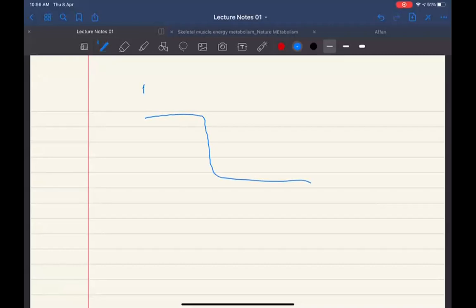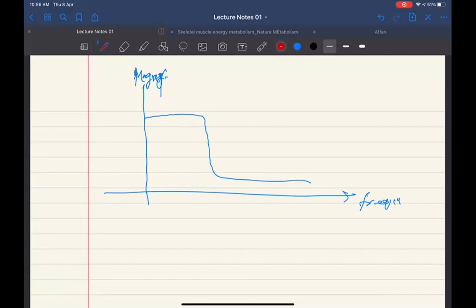If this is your frequency axis, and this is the magnitude of your signal, then this is your filter response. Here, this part is your cutoff frequency.